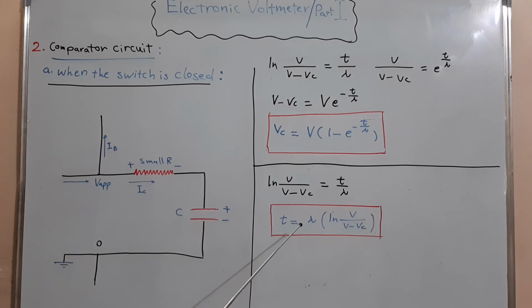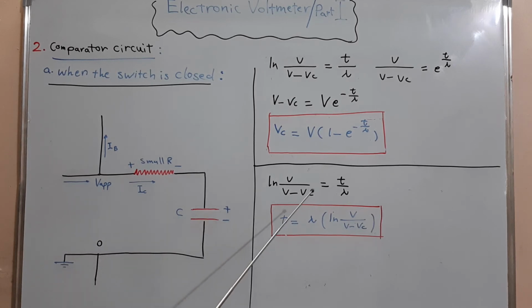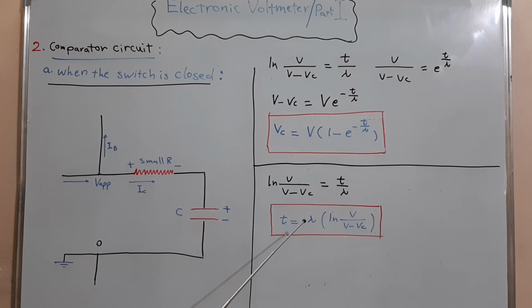And for that reason, we used a small resistor in the capacitor circuit so as to decrease the time constant of charging, and that will lead to a smaller time of charging when both the voltage that we want to measure and the potential difference between capacitor plates are constants.